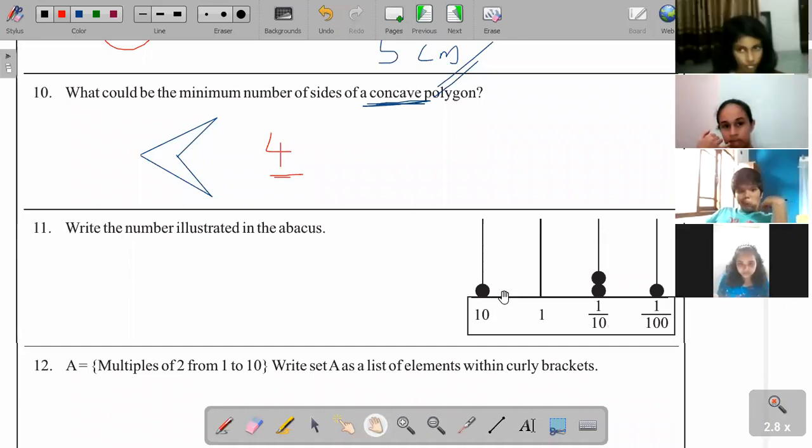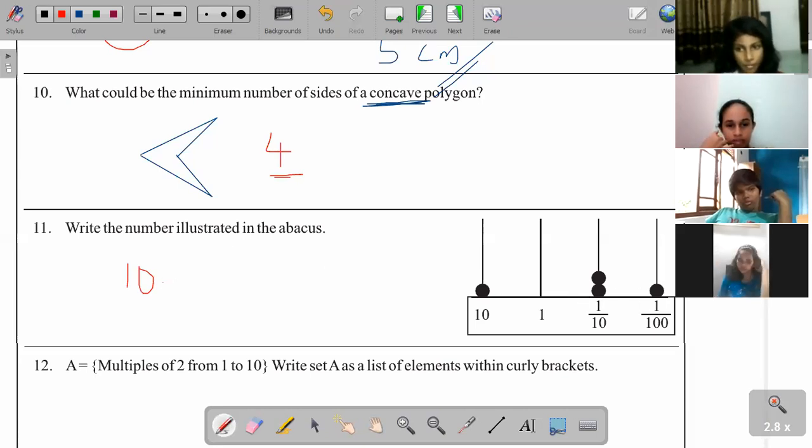What is the answer? This rod has one circle, no? So I can write the answer like this. That's the first 2 rods. Then I think you can see the 1/10, 1/100 like that positions. That means these 2 are decimal places.